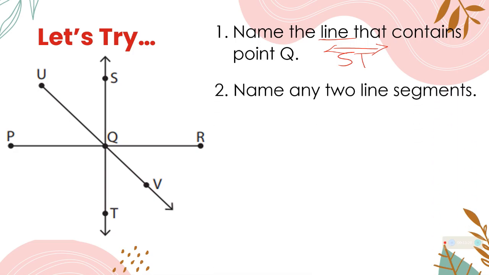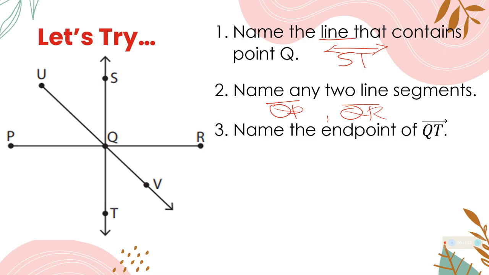Next, number 2. Name any two line segments. You may have segment QP using the symbol and segment QR. You may also have segment PQ or segment RQ, which is also acceptable.